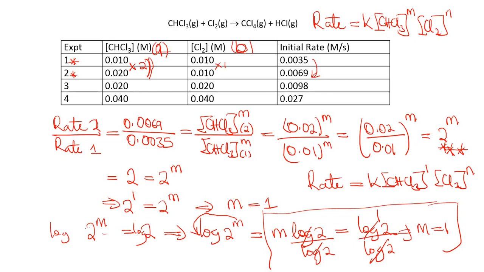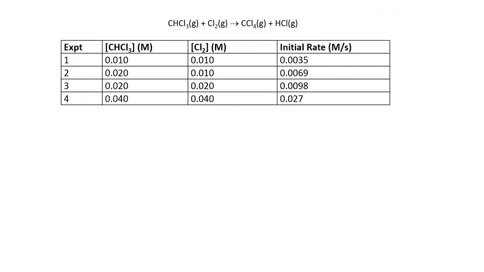Now, how do we get the n? So we come back to the same equation. For the first part, we used these ones. We cannot use these here because for Cl2 we start with 0.01 and then we end with 0.01. So this one was constant, no change here.